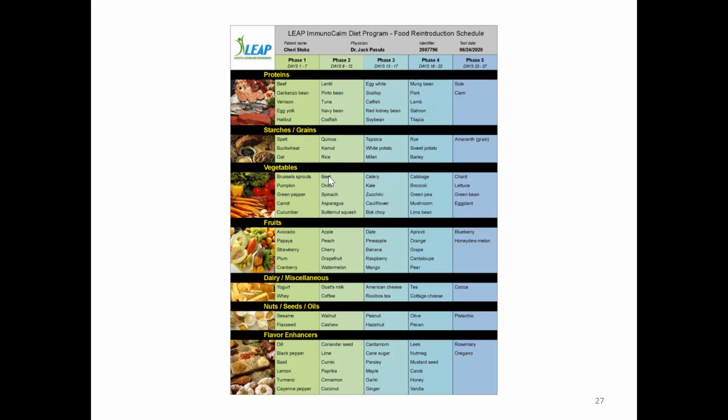Phase 2 would be more of the middle to higher greens. And then phase 3 and 4 would be your higher greens, so the ones that are closer to the moderately reactive. So it's set up so that you are only eating the lowest to begin with.